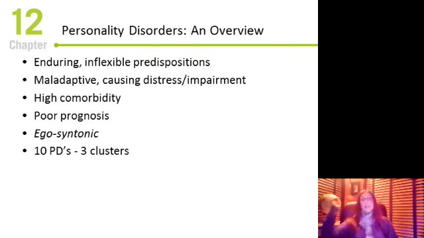It's comorbid. Personality disorders are highly comorbid, so you should assume that when someone has a personality disorder, they most likely have another personality disorder or another disorder of some sort, whether it's a mood disorder or otherwise.